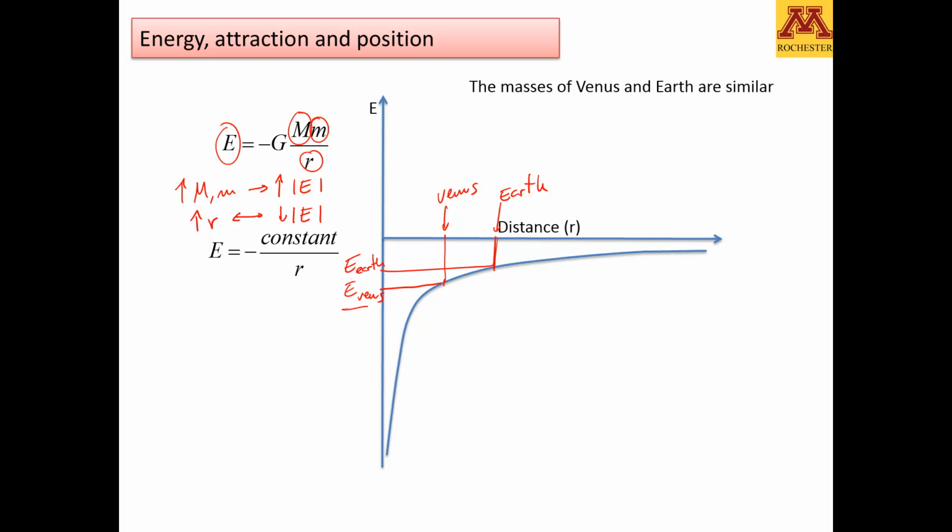It's larger in absolute terms, but it's more negative. This means that it's more attracted. The more negative your energy is, the more attracted. You can think of the slope. The slope gets stronger as the distance gets smaller.